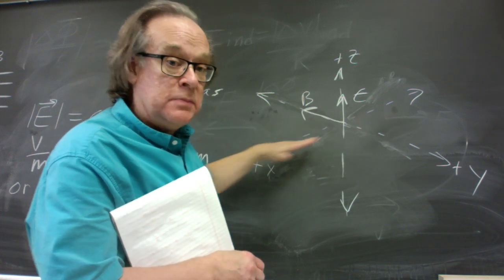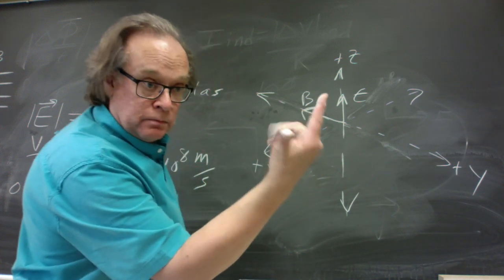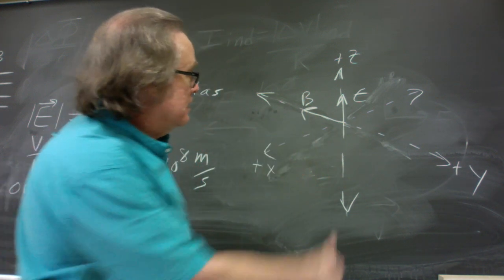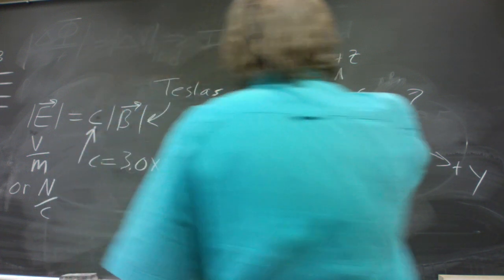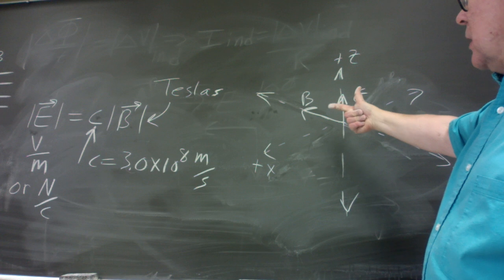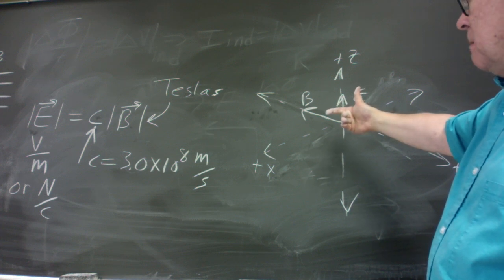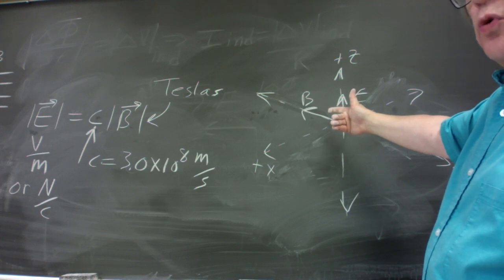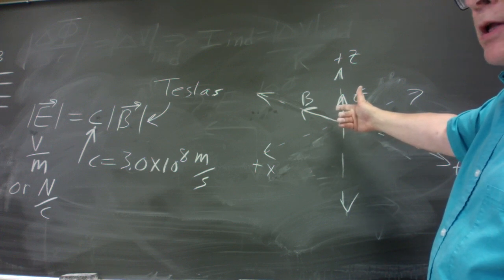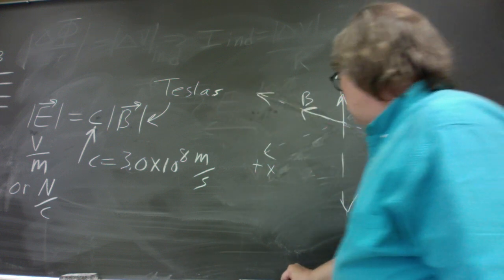In other words, it has to be along the plus or minus x direction, and this rule will tell us which way. Thumb in direction of the electric field, index finger in direction of magnetic field, and then fingers rotate until they're perpendicular, and then they point in the direction of the velocity, which is going to be this way, the plus x direction.